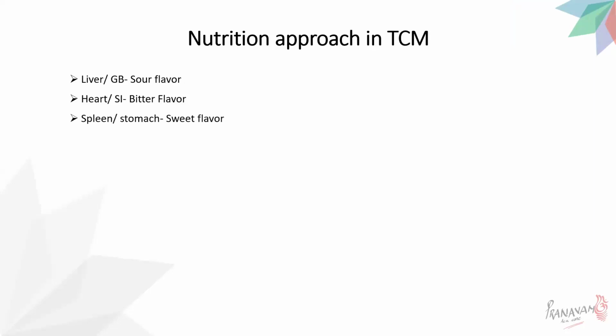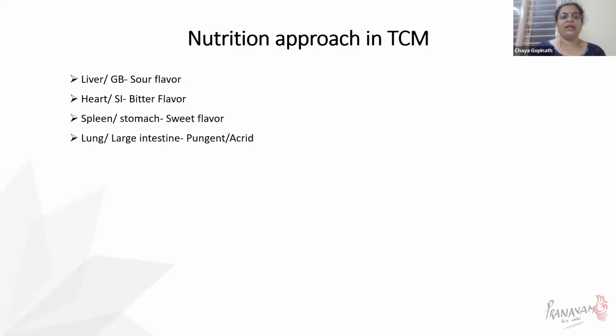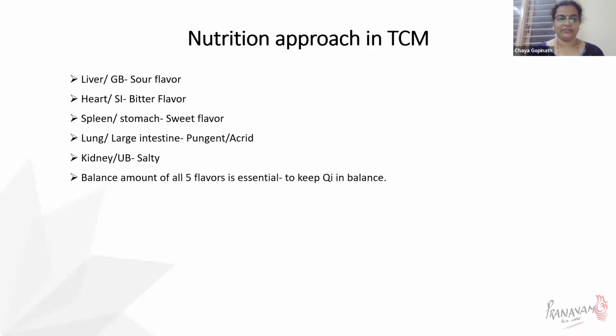The next is spleen and stomach. The flavor associated with spleen and stomach is sweetness. Lungs and large intestine, it is a dryness element, associated with pungent or acrid taste. And kidney and urinary bladder are associated with salty taste.